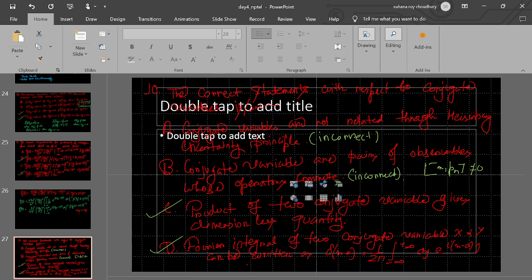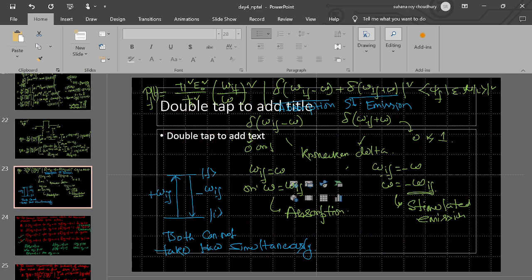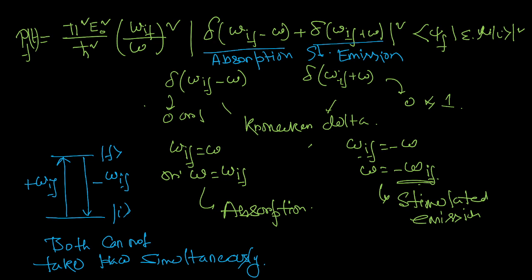For now we are looking at the transition probability, which is given by an expression like this. This function can be converted to a delta function, which can be written as a sine function.